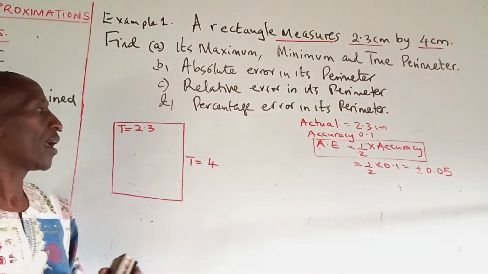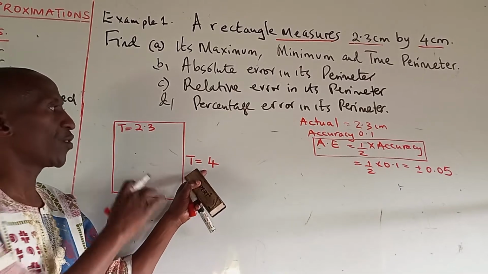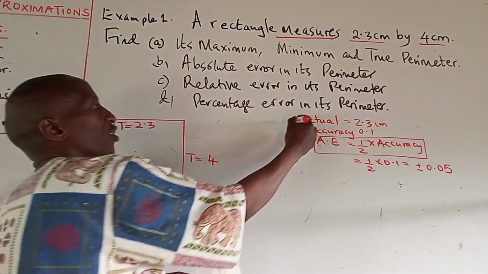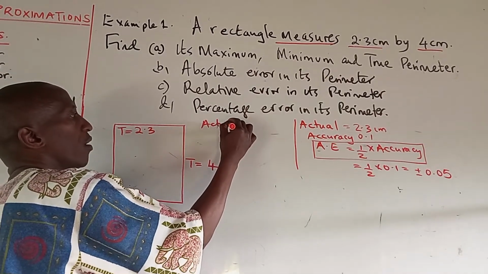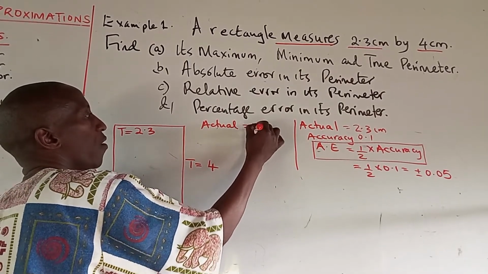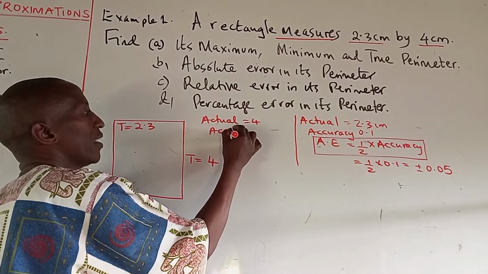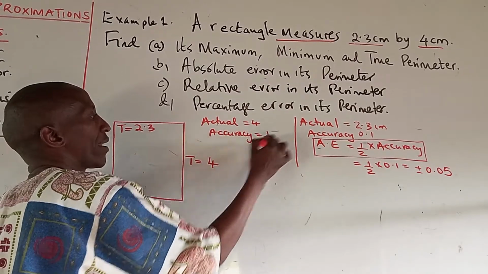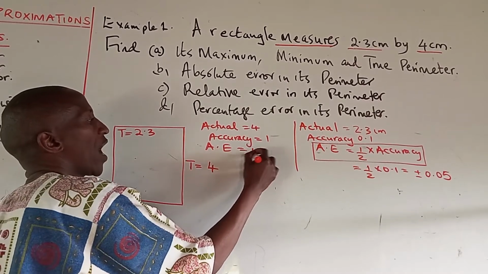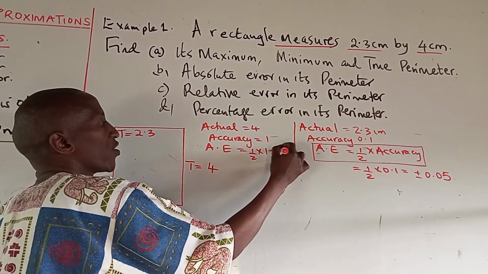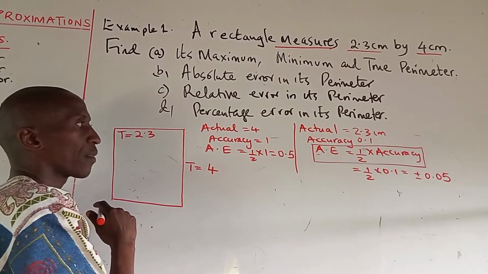Because we have space here, we can show the situation here. When the actual is 4, it means the accuracy is 1. Absolute error of this measurement is therefore half of 1, and that is 0.5.